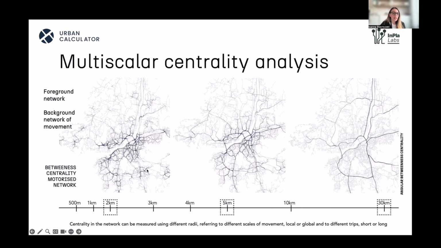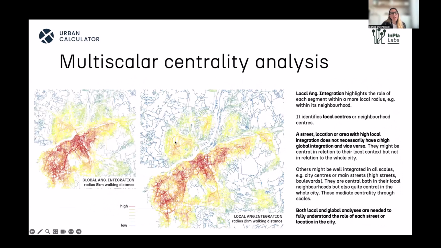What is interesting to see is that at 2 kilometers, for example, the highways disappear, become gray, have a very low centrality, of course, because the highways are not connected at the local scale with the local street network, with the neighborhoods. Again, the integration we can analyze at different scales to look at not only the city centers, but also the neighborhood centers, areas that are important in the local context.